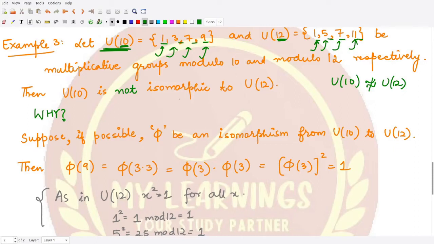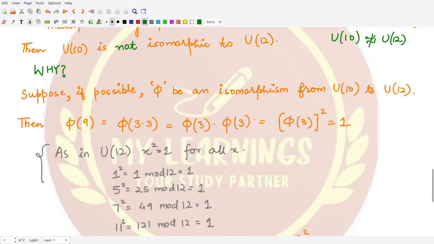We'll be proving this through contradiction again. So we suppose that U10 is isomorphic to U12. If that is so, then we have a mapping. Let's suppose the mapping is phi. So we suppose that this mapping phi forms an isomorphism.